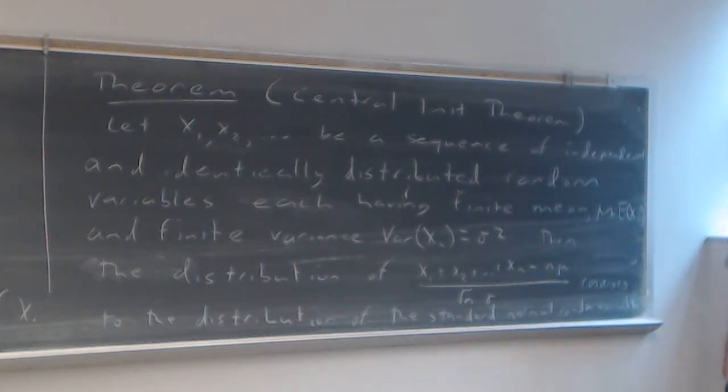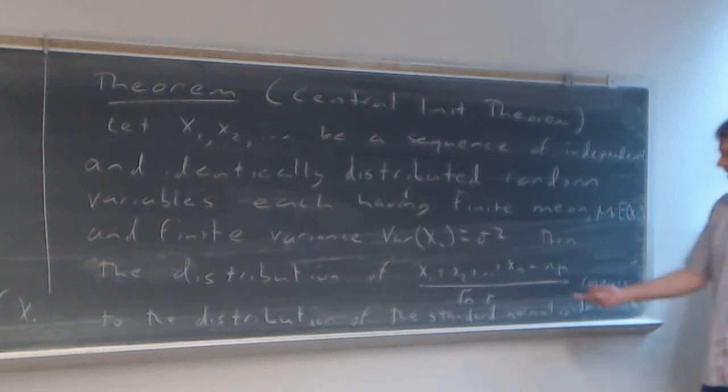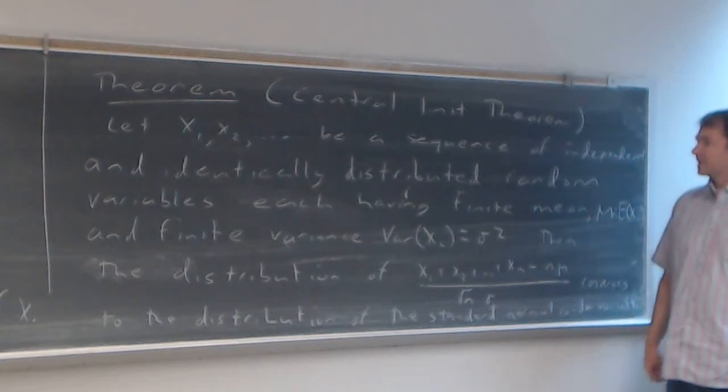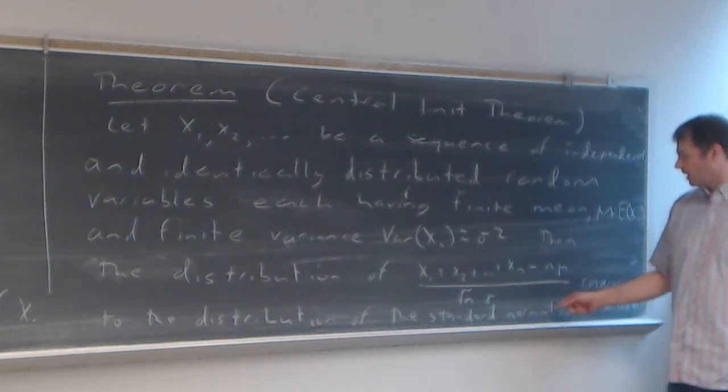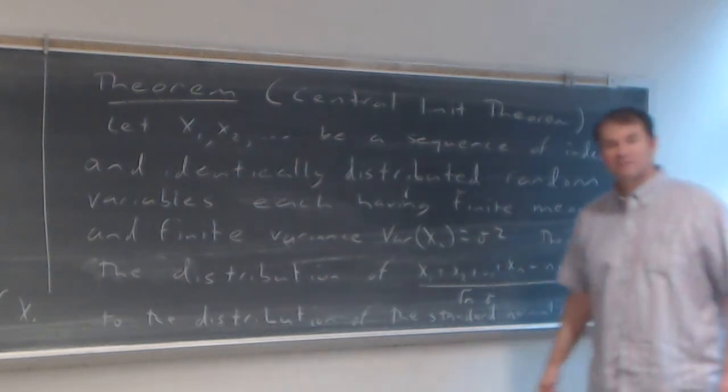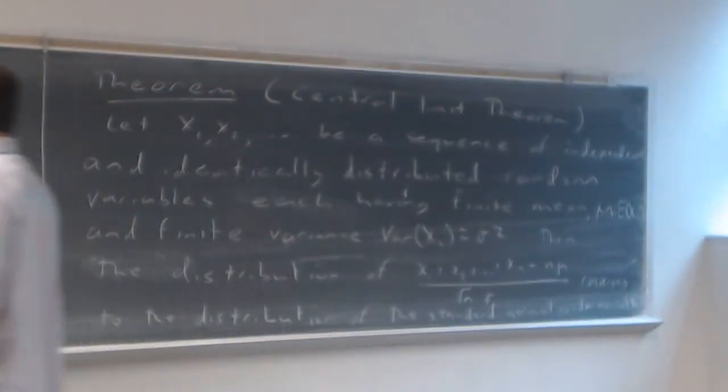It's an amazing fact. You look at this type of random variable, which is a combination of n independent and identically distributed random variables, and they become, in some sense, like the standard normal random variable.